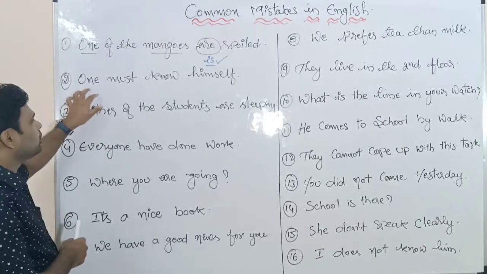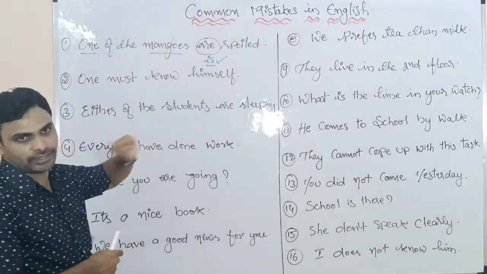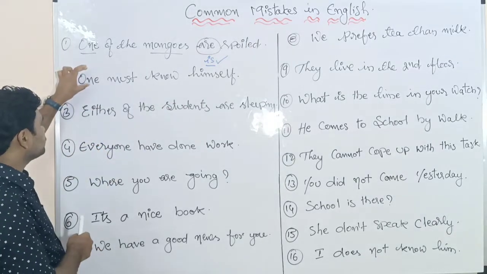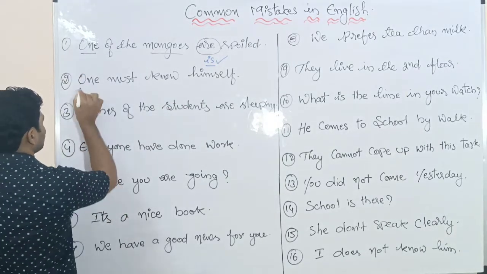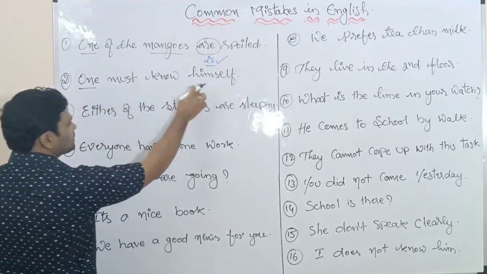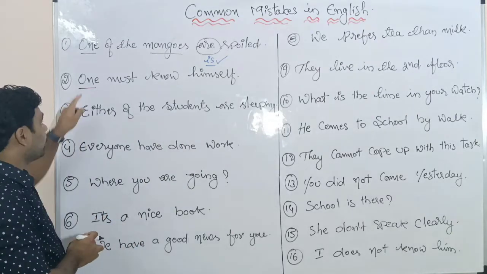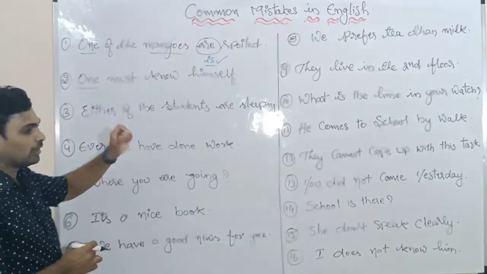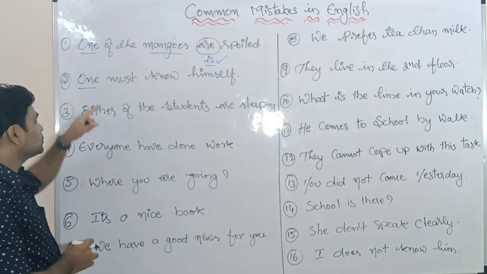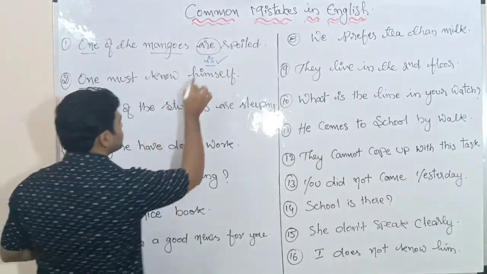So depending on the subject, it must be there. In case it comes you, it should be yourself. We, ourselves; they, themselves. So one must know. One means oneself. So it should not be like one must know himself. So the wrong word is himself.